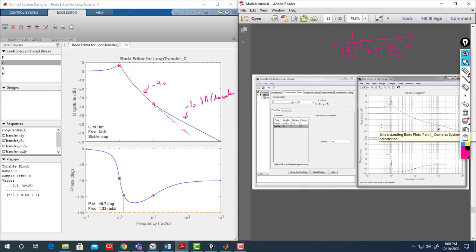You can add a pole. See what's the effect of adding a pole. For example, they add it at 100 radian per second. You could add a pole, and what effect could you expect? Then it will again go to minus 40 decibel per decade, and the phase will again go to minus 180 degrees.